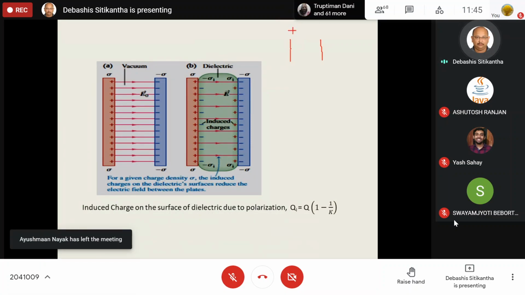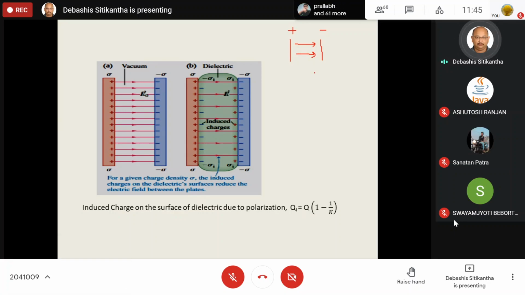This capacitor is fully charged. This conductor is plus, this conductor is minus. So naturally an electric field exists between them, directed from the positively charged conductor to the negatively charged conductor in straight lines like this. Let us say this electric field is equal to E0.